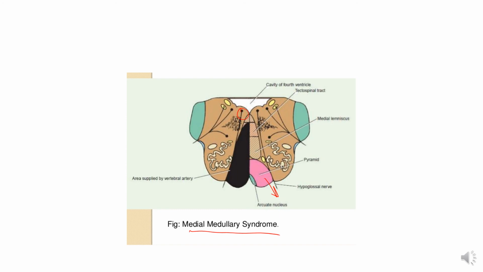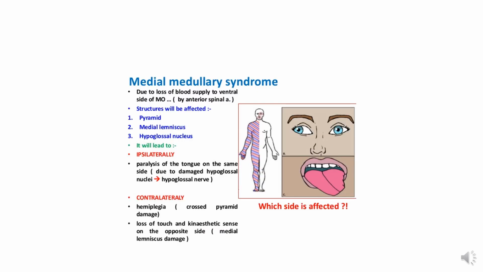Medial medullary syndrome is due to loss of blood supply to the ventral side of the medulla oblongata by the anterior spinal artery, and the structures affected will be the pyramid, the medial lemniscus, and the hypoglossal nucleus.